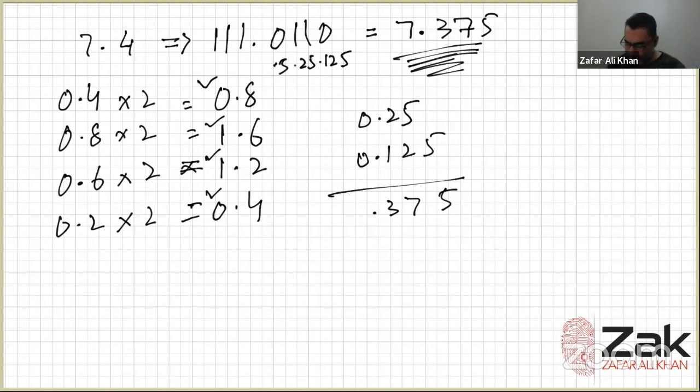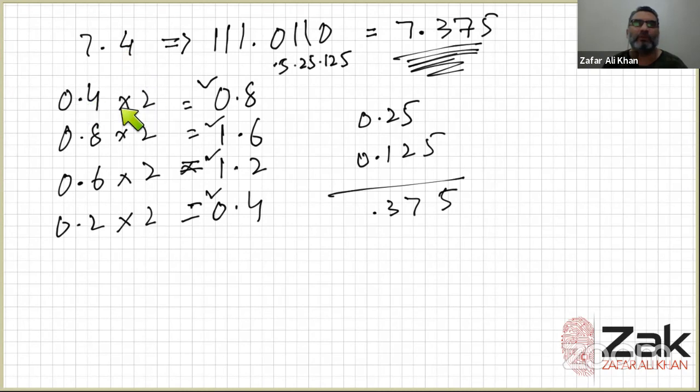So let me revise. If we have got a number that cannot be directly converted to the form which is exact in floating point, first we have to consider which number we should take in fixed point instead of 7.4. So we start multiplying this decimal part by 2.